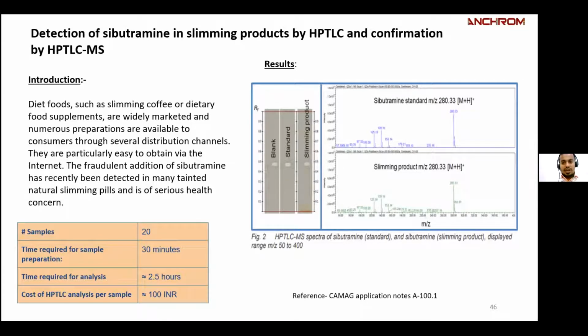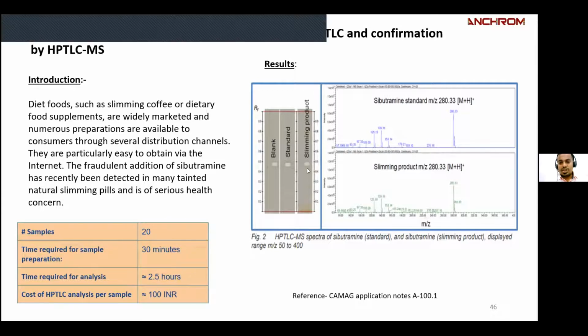But this is very harmful, so you can go for the detection. And here you can see after this drug is identified on the stationary phase, we have performed the MS part. The elution of that particular component from the sample is done, and you have got the m/z value also. And you can go for this type of confirmation.